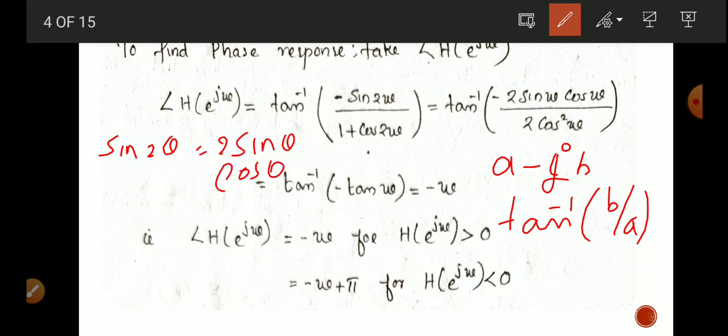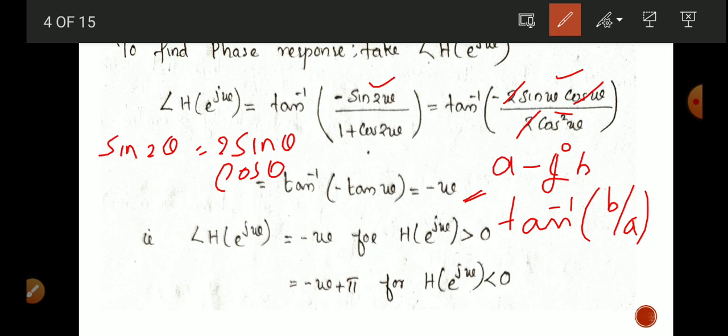On substituting sin 2 theta equal to 2 sin theta cos theta and 1 plus cos 2 theta equal to 2 cos square theta, we can cancel 2 and 2 and one cos omega with cos omega in the denominator. Then this term becomes sin omega by cos omega. We all know sin omega by cos omega equal to tan omega. Then tan inverse of minus tan omega equal to minus omega. This is the angle of H of e raised to j omega: minus omega.